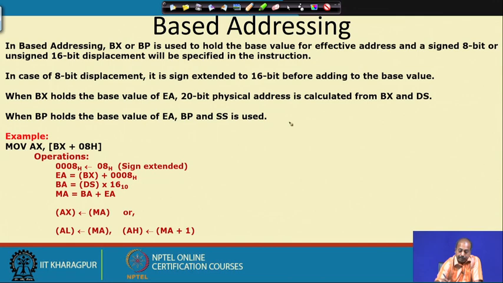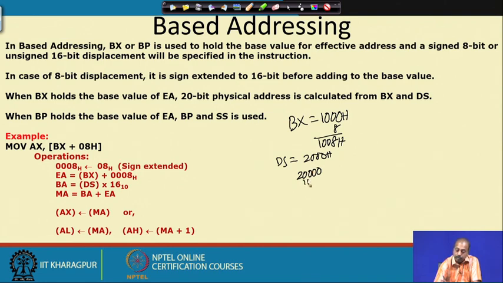So, say BX is equal to 1000 hex, then with this 1000, the 8 is added. This becomes 1008 hex, and then it depends on the DS register. If the DS content is say 2000 hex, then this 2000 is left shifted by 4 bits, so it becomes 20000.